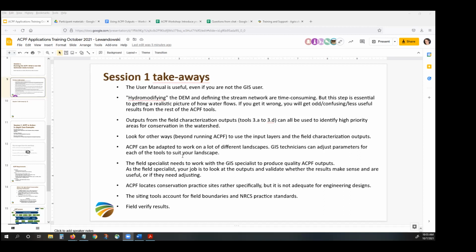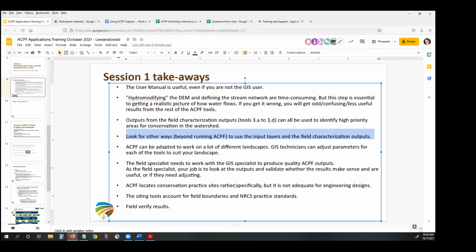I think one of the important points here is that there are other ways besides running the ACPF that you can use those input layers, like the 6 years of cropping history, which is awesome, and the field boundaries and so on. There's also the riparian information that Emily was just showing, the denitrification potential and some of those things. There's a lot of neat information in the tables and in these various tools that you might have other uses for.